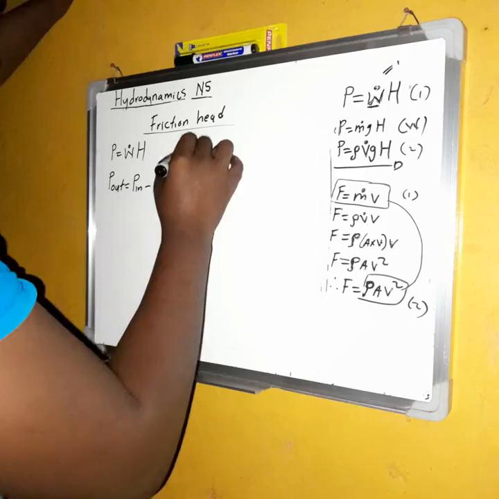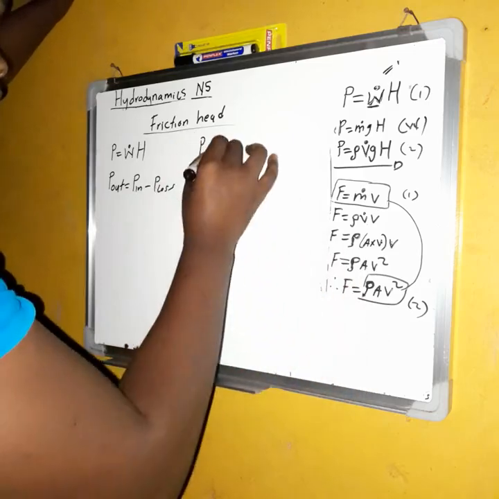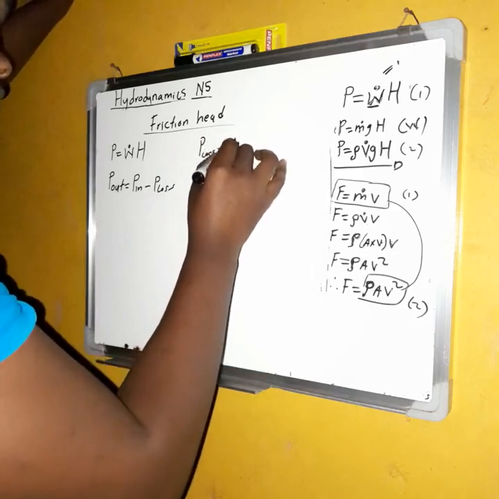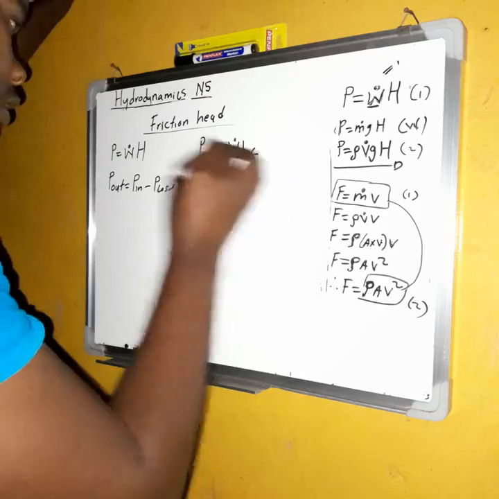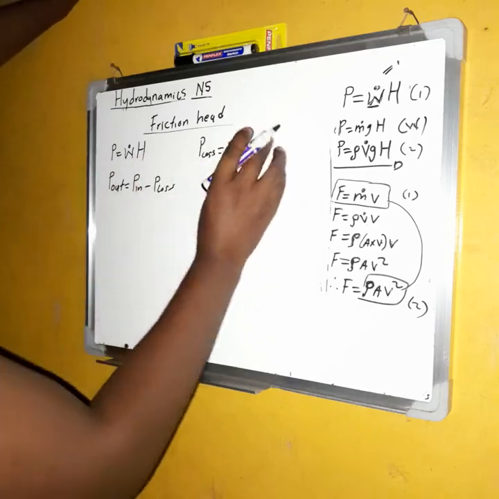Take note, power loss is due to friction. Power loss will be W multiplied by friction head. You'll be given this friction head.